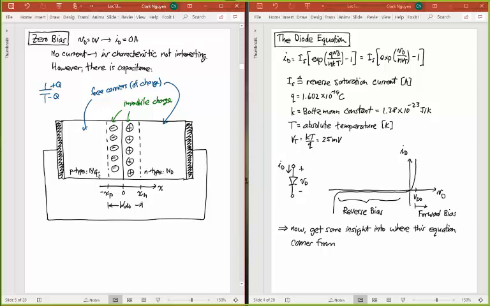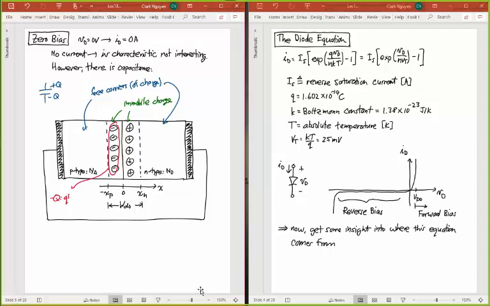But the question is, how much charge do I have here? And for that, I have to understand charge densities. We talked about that yesterday to some extent. If I wanted to write an expression for the total charge that I have here, so all of this charge here, I would write that expression as minus Q, because that's going to be negative charge. That's going to be equal to the unit charge, Q, times the density of charge. I know that the density of charge is just equal to the concentration of acceptor atoms that I have in that p-type material.